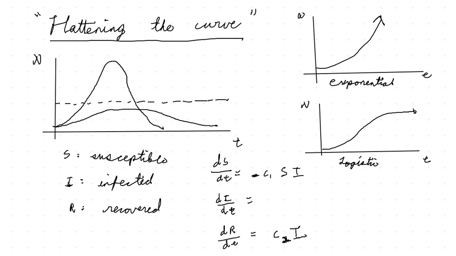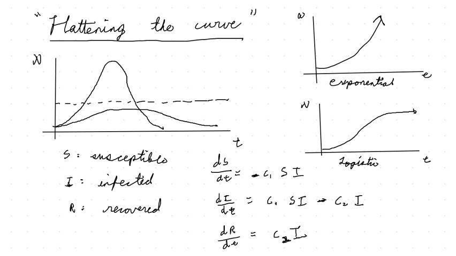Now dI over dt, you're going to have some people getting infected, C1 times S times I. These are the number of people going from susceptible to infected, and you have to subtract C2 times I. And this is the number of people that are recovering. So these are our three models.